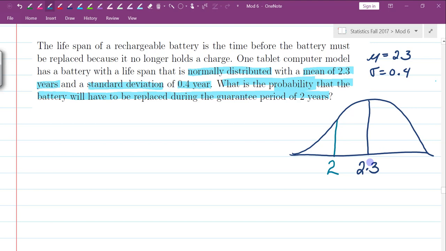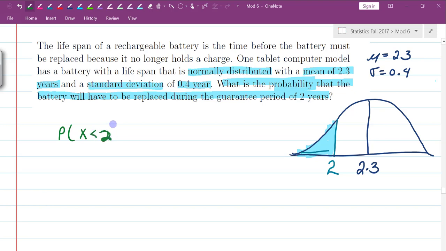If a battery lasts less than 2 years, that would be in this area, then we will have to replace the battery. So what is the probability that X, a battery, will last less than 2 years? That's mathematically what we're looking at.